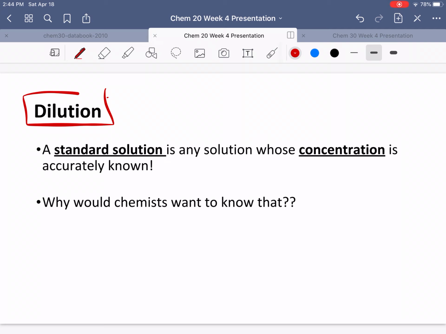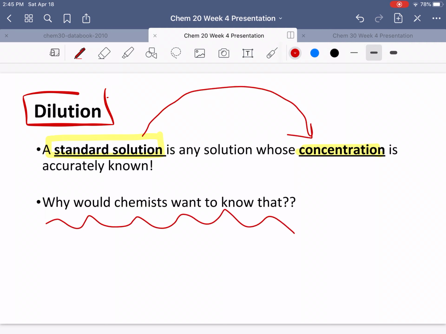Now, standard solution is a word that we've talked about I think the week before. Ultimately, a standard solution is a solution whose concentration is known. If you know what the concentration is, then you're able to work with it, because a more concentrated solution has more actual molecules, cations and anions to potentially react with something else.